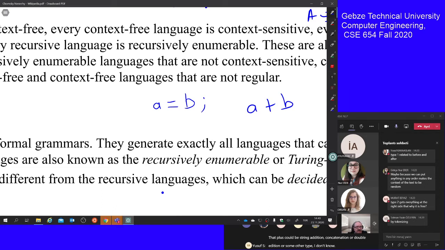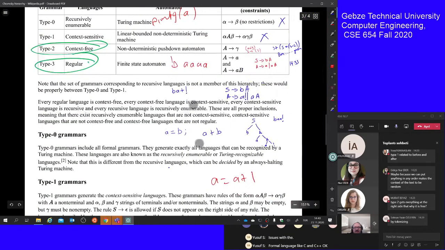We keep them ambiguous. We say that it's a plus operator and we don't know what kind of operator it is. We make a decision later. So even context-free languages are not powerful enough to handle all the issues with a formal language like C and C++. So we have to do some additional stuff.